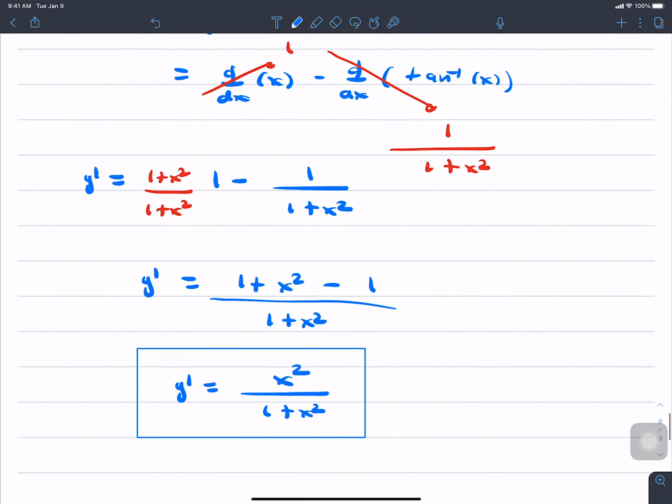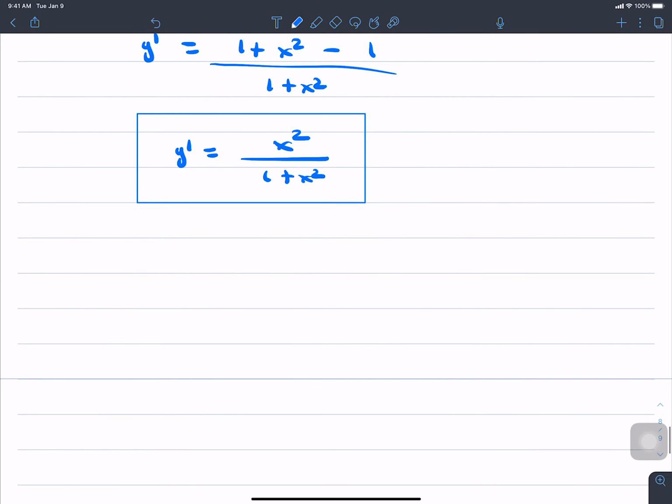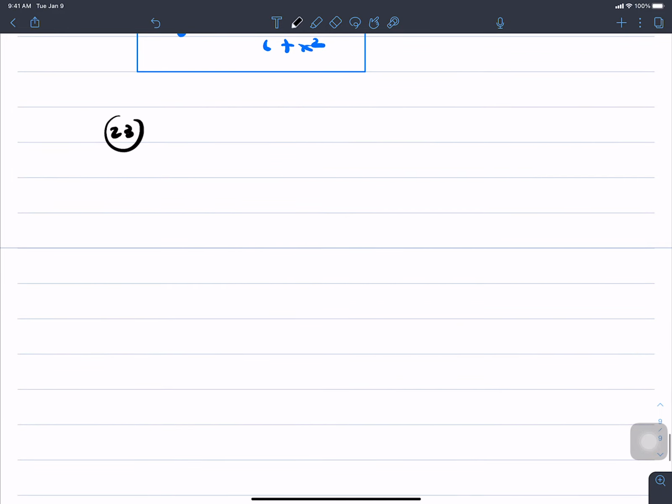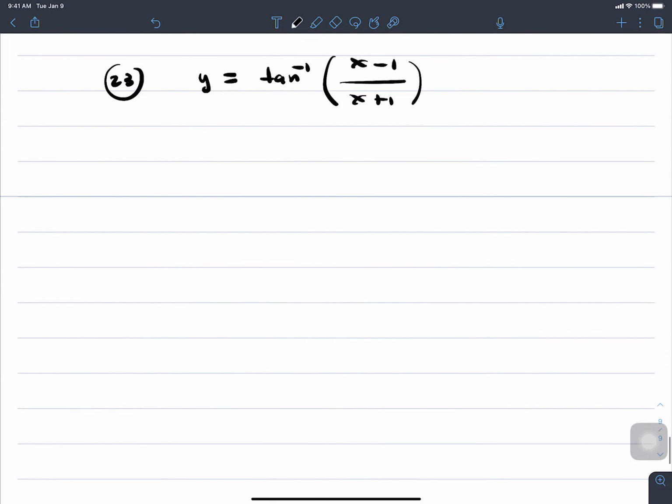So interesting question. Maybe we should try another one that's going to involve quotient rule. Okay, we'll try another quotient rule question. Y is inverse tangent x minus 1, x plus 1.